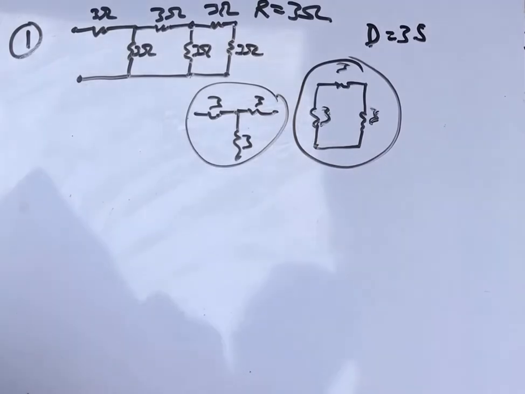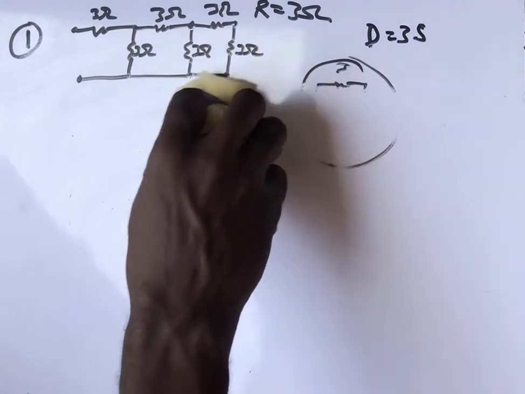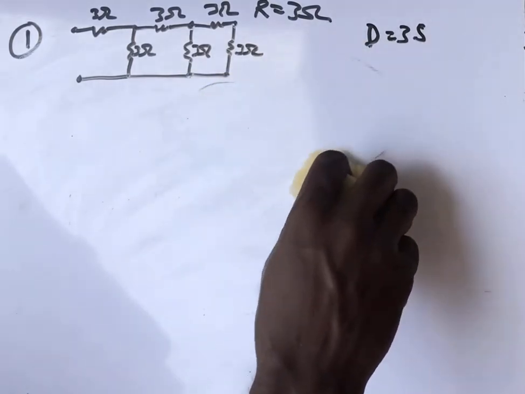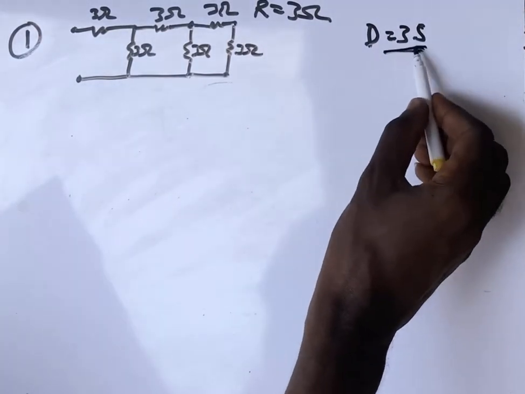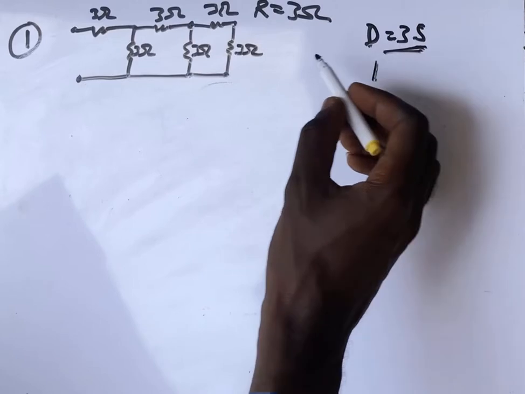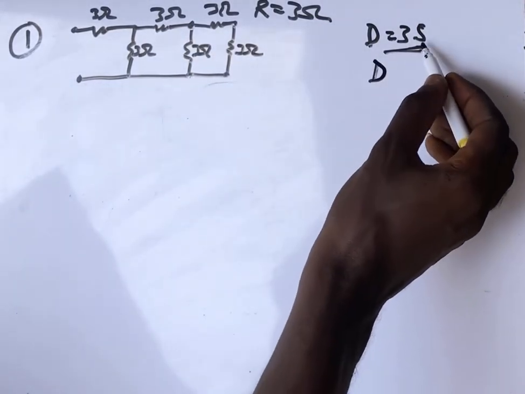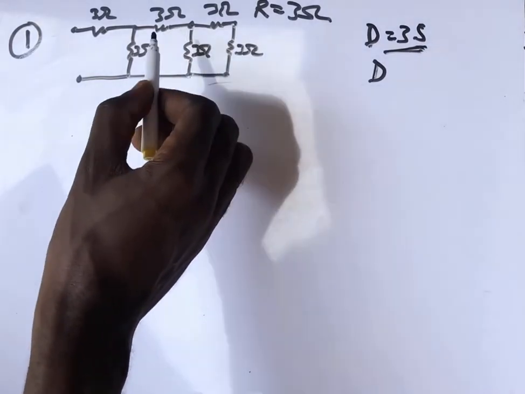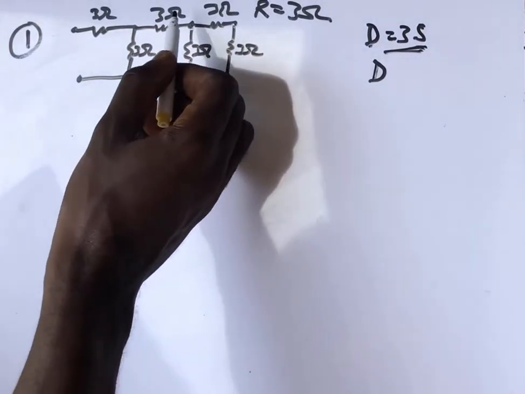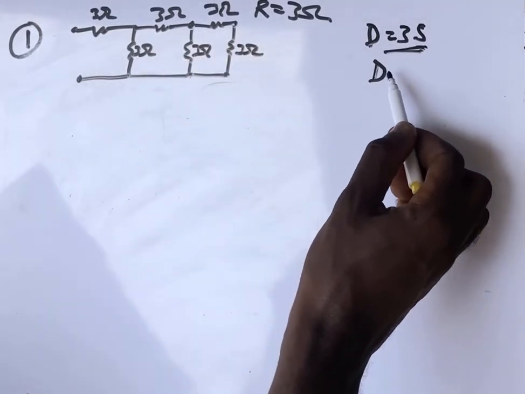Okay, we want to move faster, so let's just clear this one and then use this formula. Since we know that converting star to delta, delta is equal to 3 times the resistor for the star, and once all the resistors have the same value, we can employ this formula.